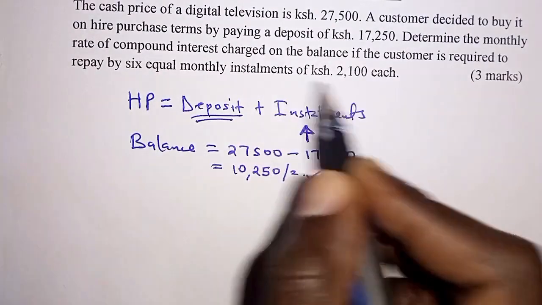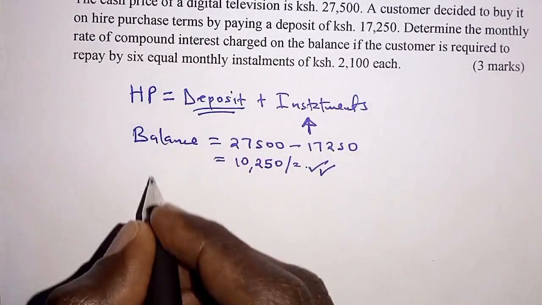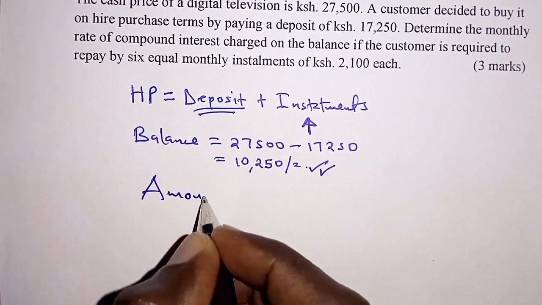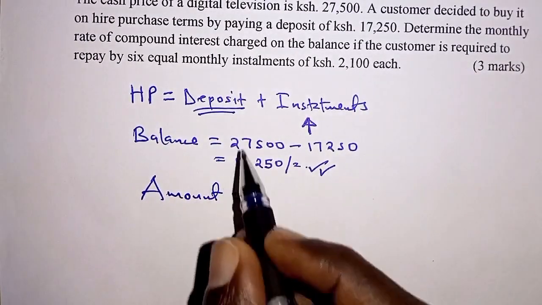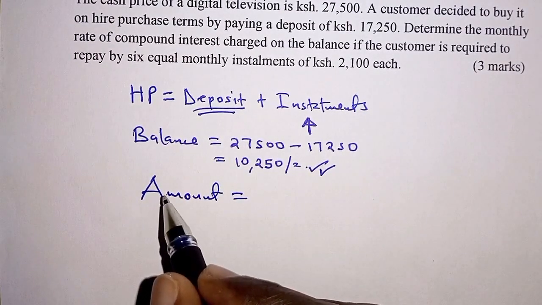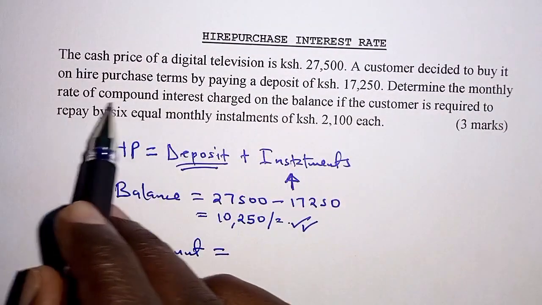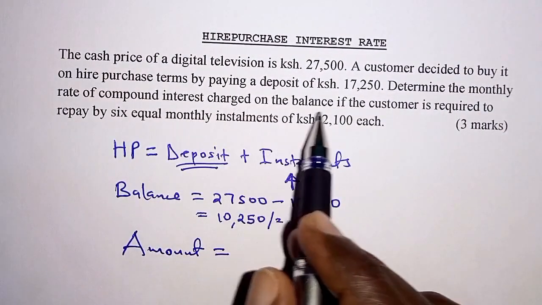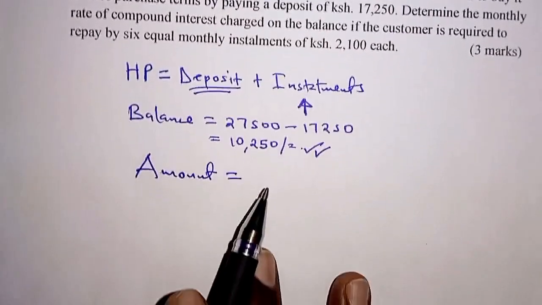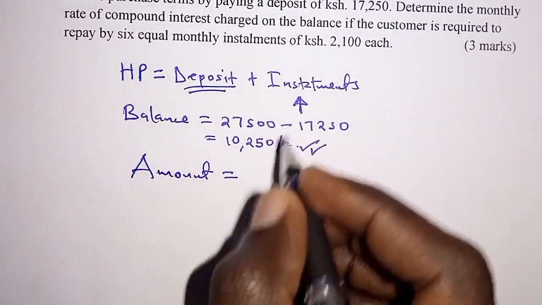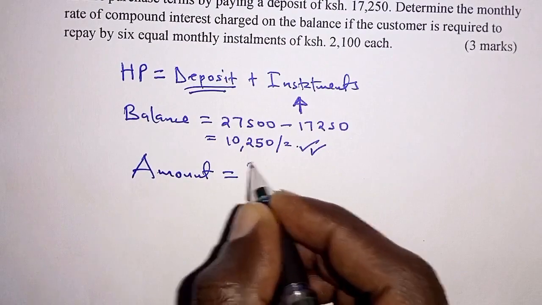Now these installments will be equivalent to the amount, because we are looking forward to using the compound interest formula. Remember, we are required to determine the monthly rate of compound interest charged on the balance. So the amount here is equivalent to the installments.